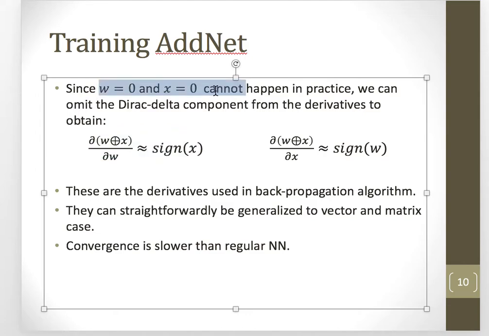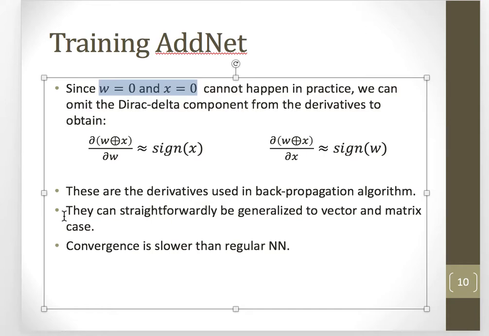The probability of w equal to 0 or x equal to 0 is 0, or they are sets of measure 0, so we can ignore them.